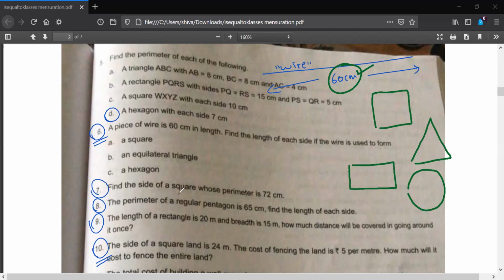Okay, nice. What is the answer for this? 13 centimeters. Let us check. This is a square I have. Each side is equal. Total is 72. Oh, sorry, 15.5 centimeters. I just mixed the two questions.